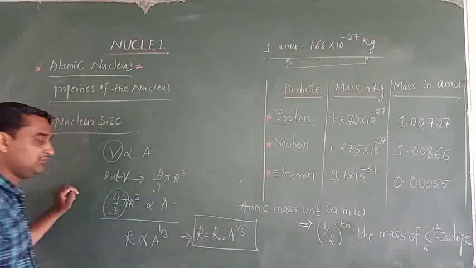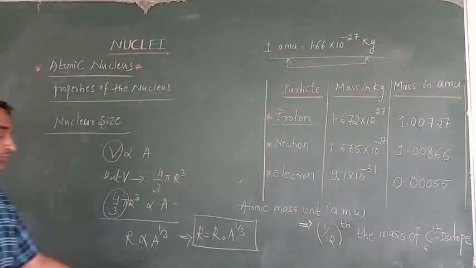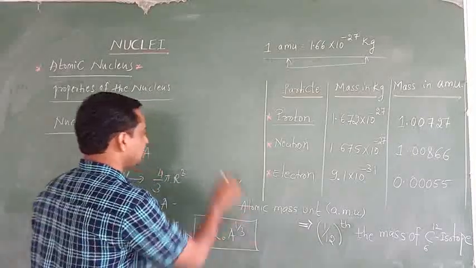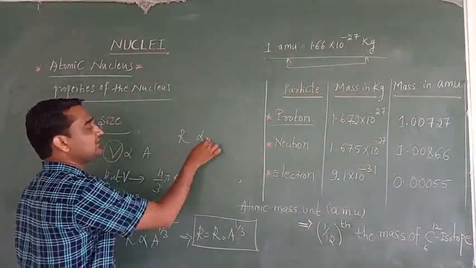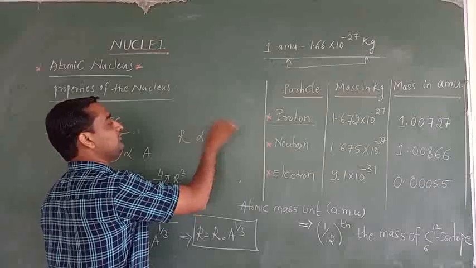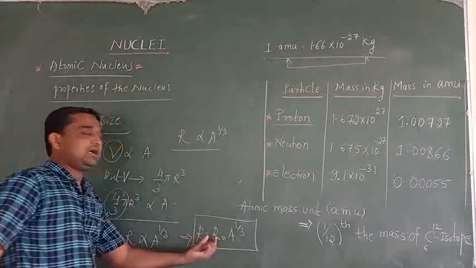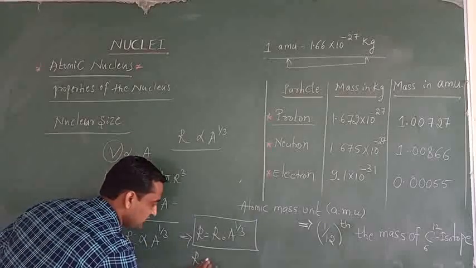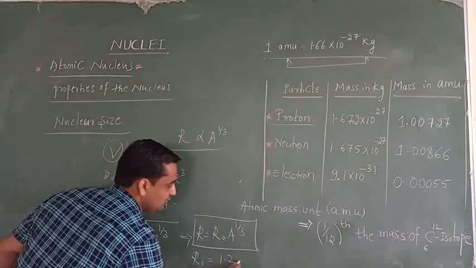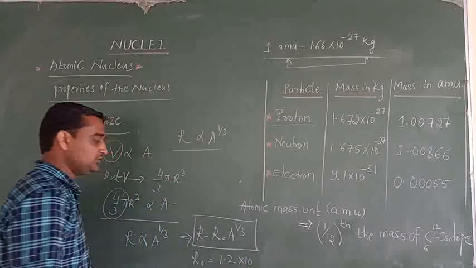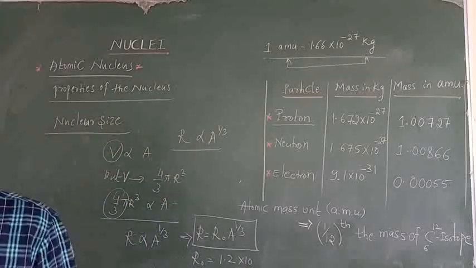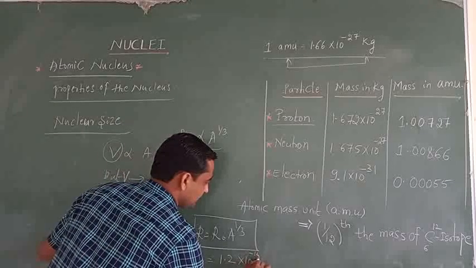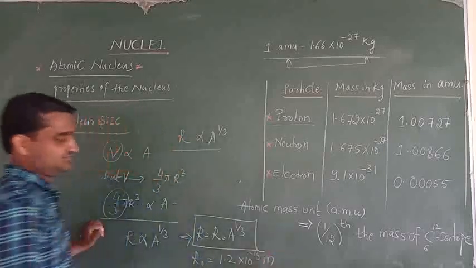So there will be a question, how the radius of the nucleus is related to the atomic mass number. That is, R is directly proportional to A to the power 1 by 3. Here R0 is the proportionality constant and its value is equal to 1.2 Fermi, or 1.2 into 10 to the power minus 15 meter.